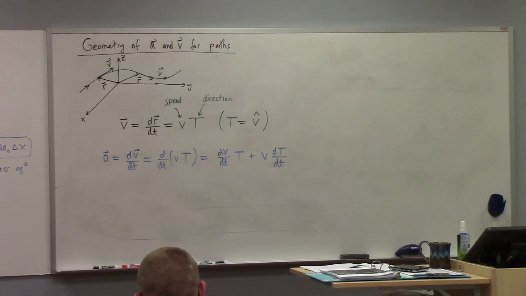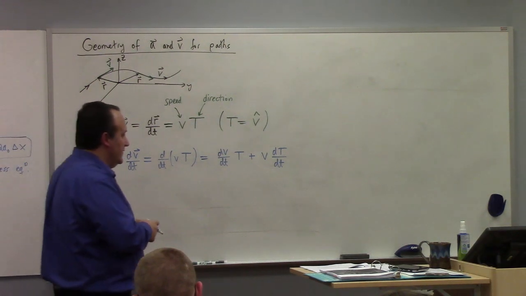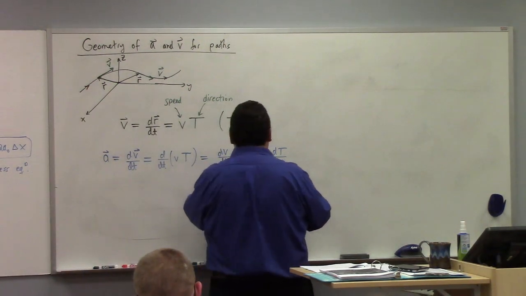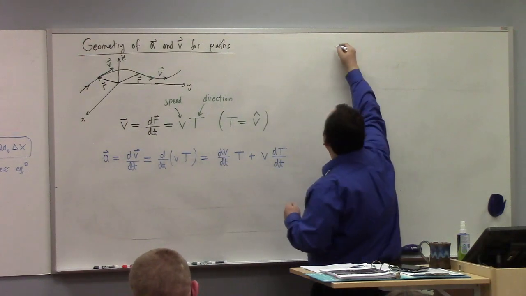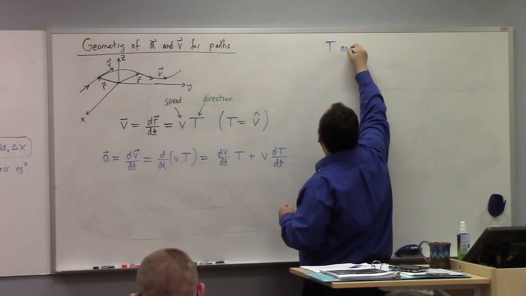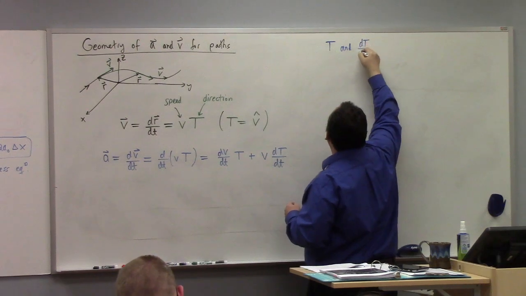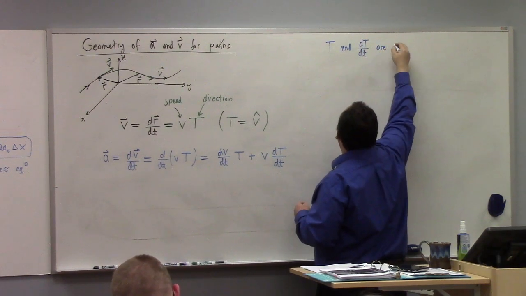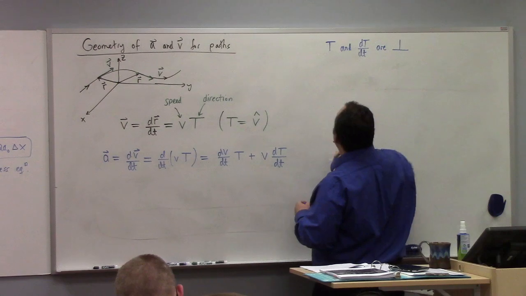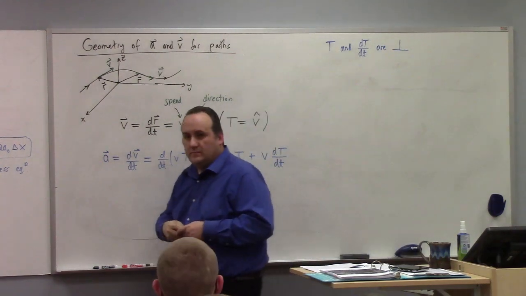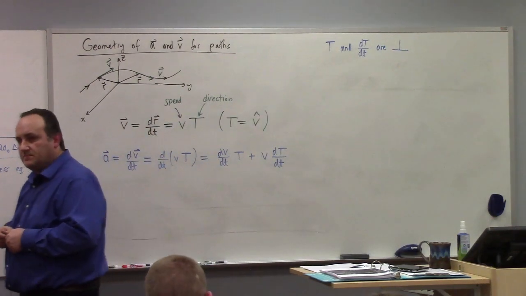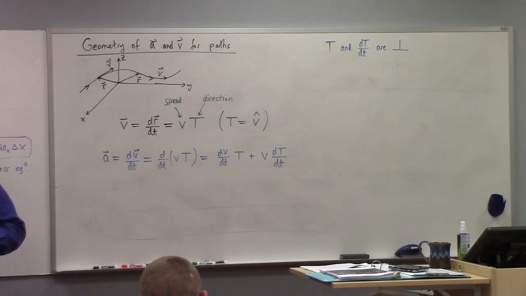And so that might not seem like much, but we can prove that these two vectors here, T and dT/dt, are actually perpendicular. These are perpendicular vectors. Now you might say, how do you know that?